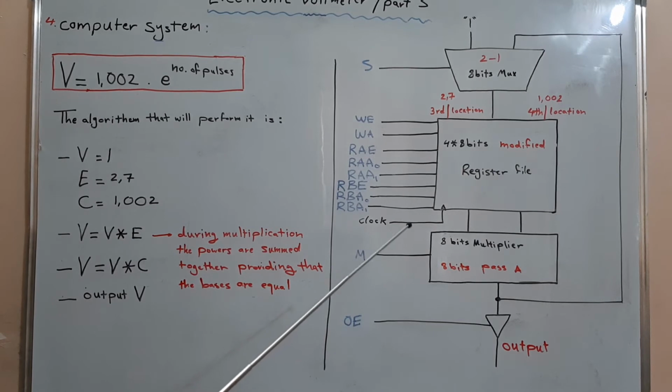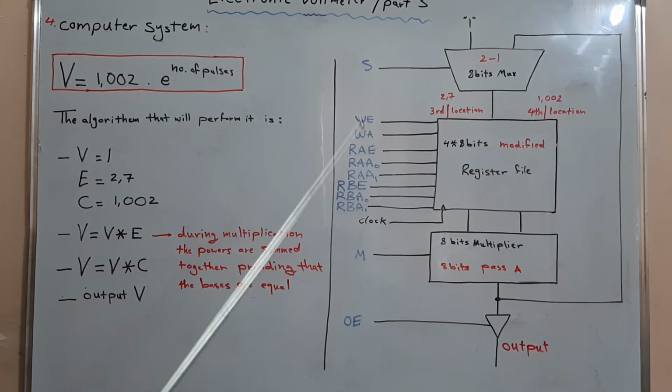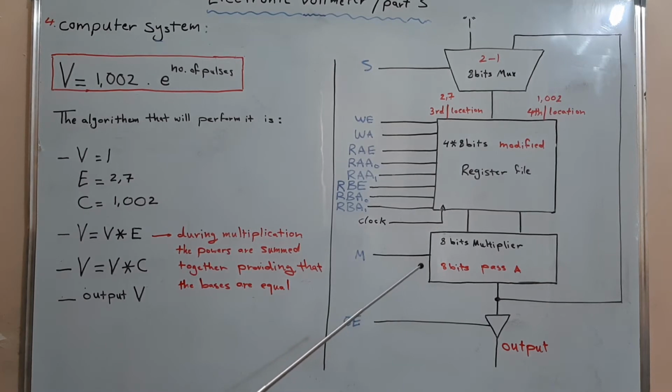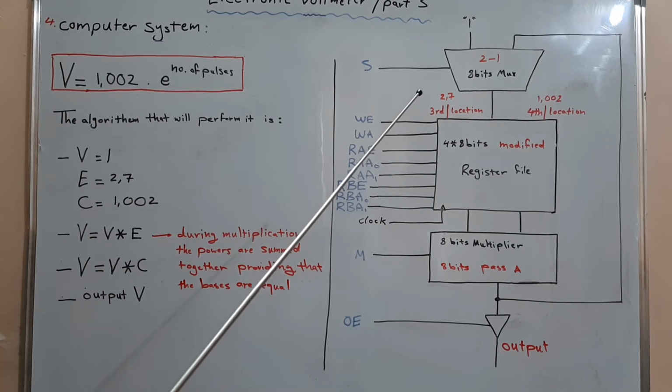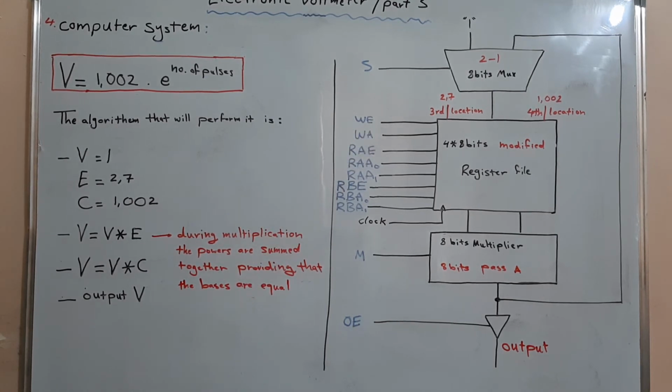Our data path also contains a feedback loop, and that loop will return the value resulted from the multiplication to the multiplexer, and that's to repeat the multiplication operation for a variable number of times. The control signals that are required to control the data path are shown.